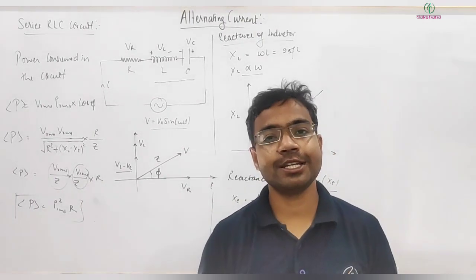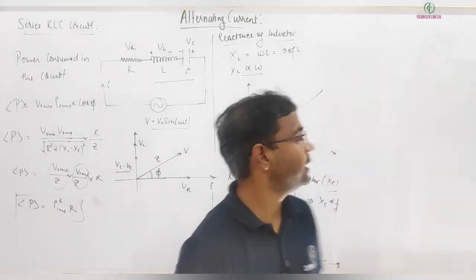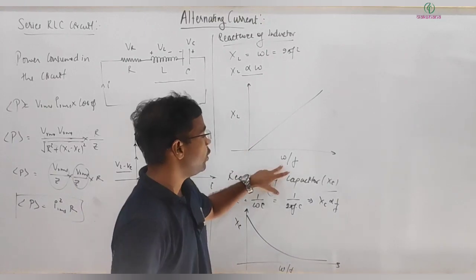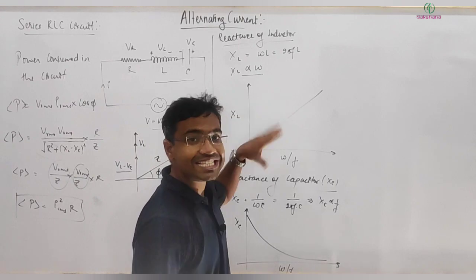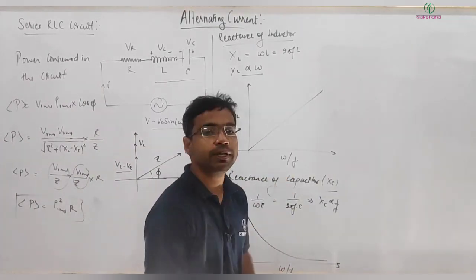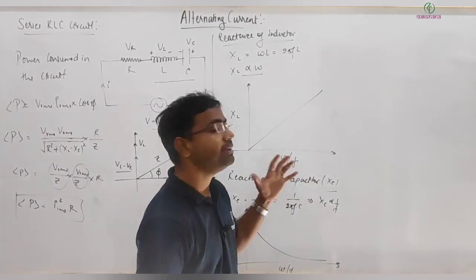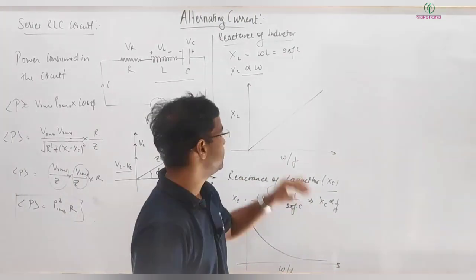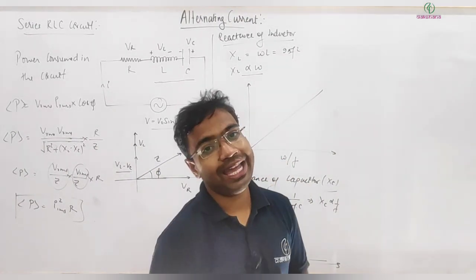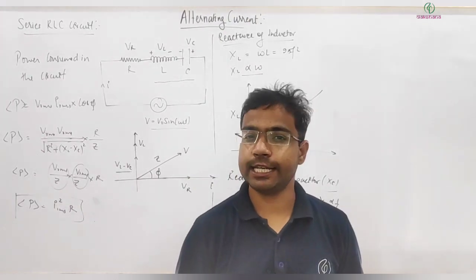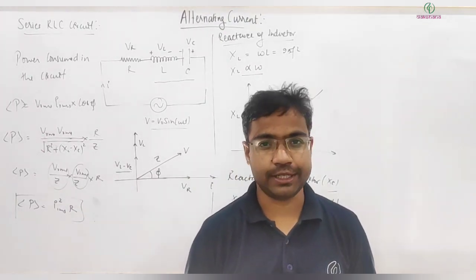So a capacitor is a high pass filter. And for an inductor, if the frequency becomes high, its opposition for that frequency will be very high, and it will try to block it completely. So it will allow lower frequencies more easily. So a purely inductive circuit is a low pass filter, right?